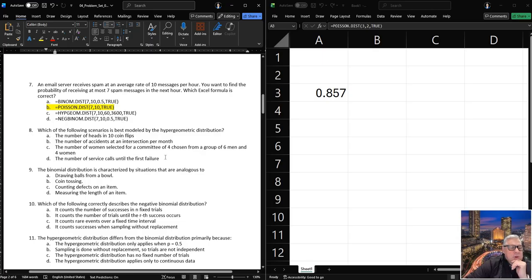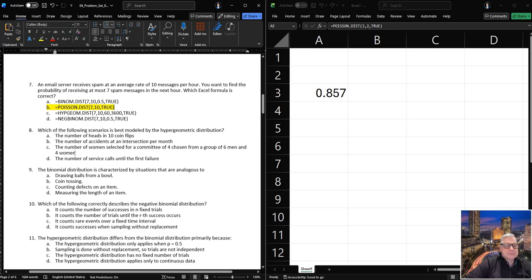Which of the following scenarios is best modeled by the hypergeometric distribution? The number of 10 heads in 10 coin flips. No, that's the binomial. The number of accidents at an intersection per month, that's per time interval, that's Poisson. The number of women selected for a committee of 4 chosen from a group of 6 men and 4 women.